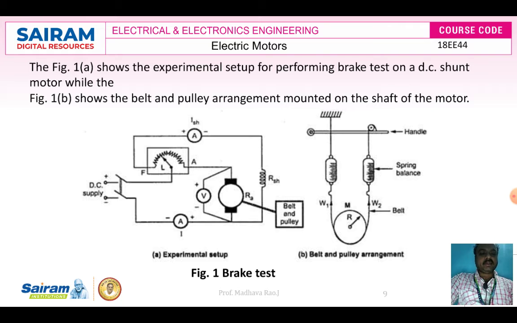If you increase or decrease the load, the load current will vary, and similarly the efficiency will also vary. By measuring W1 and W2, we can calculate the torque, and after calculating the torque, we can calculate the power output. Now we will see how to calculate the efficiency using the brake test method.